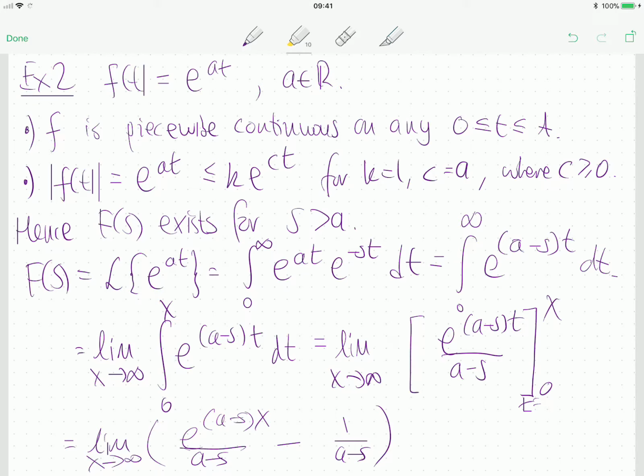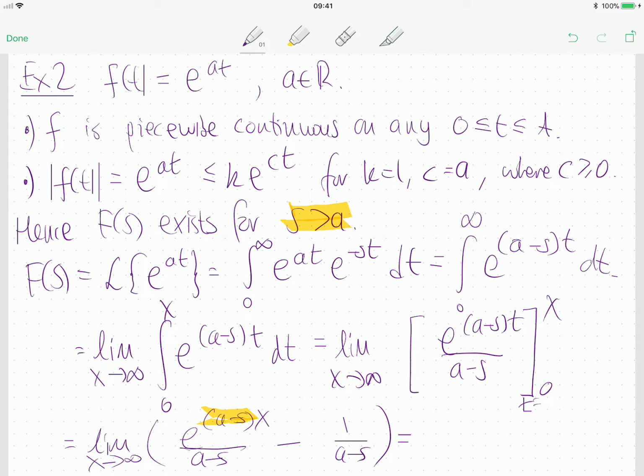Well, we can see here we have the a minus s, and we know s is bigger than a. So if s is bigger than a, a minus s is negative. That is very good news, because as x gets very big, the power of e gets very negative, a very large negative number, which of course gets closer and closer to 0.